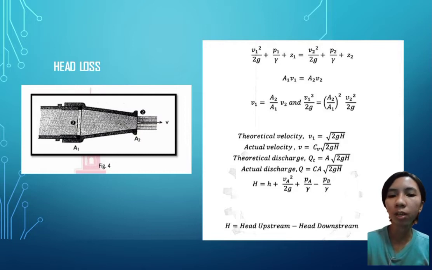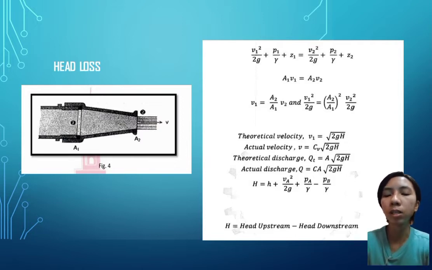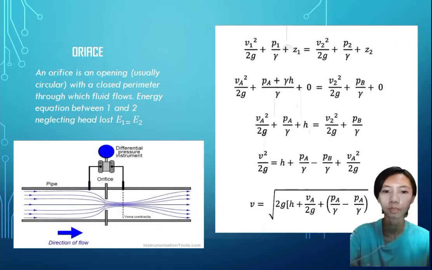Our head loss formula is h equals h plus v sub a squared over 2g plus p sub a over y minus p sub b over y.